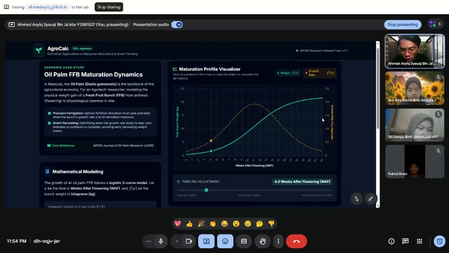Let's see how our simulator translates this math into actionable economic decisions across 3 critical growth phases. Phase 1, the vegetative or cell division phase, 0 to 5 WAF.